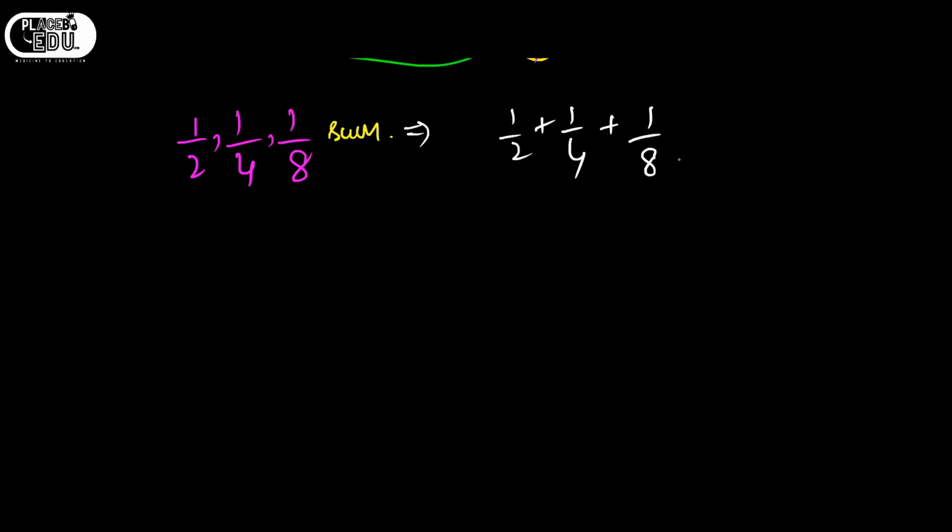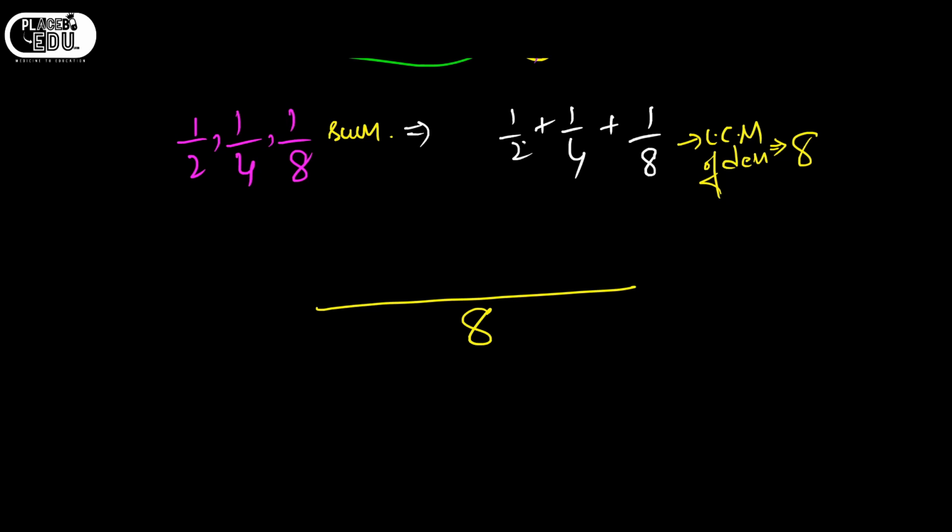I have to find the LCM of denominators, whatever it is for the fractions. What is the LCM of denominators? It's clear, that is 8, right? Now I have to write the denominator as 8. See the process carefully. This is the way we have to do.